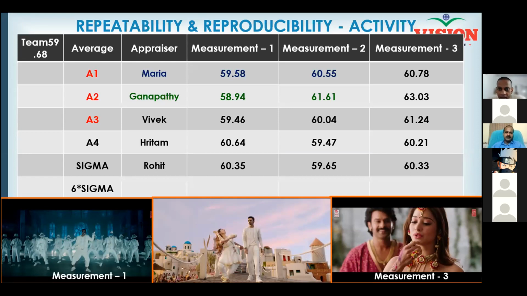You thought they were 3 different parts, but the characteristic you are measuring is the duration of the song, and as far as that is concerned, all 3 are the same. That means Maria has measured the same data 3 times. Only thing is, I did not reveal it while measuring.